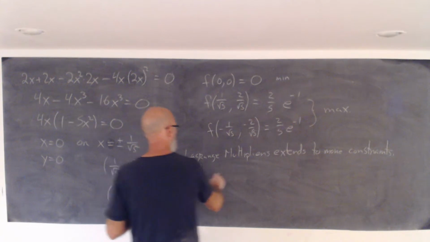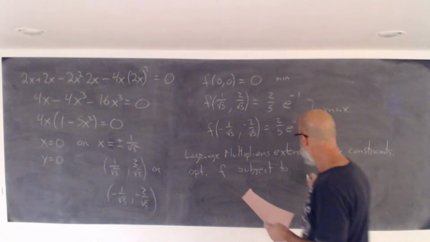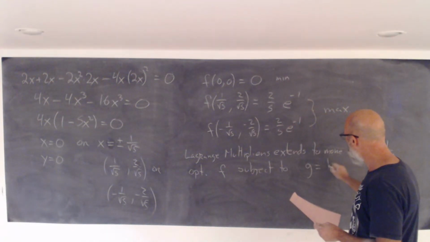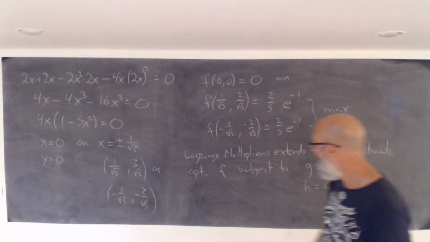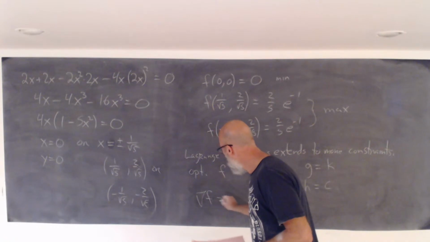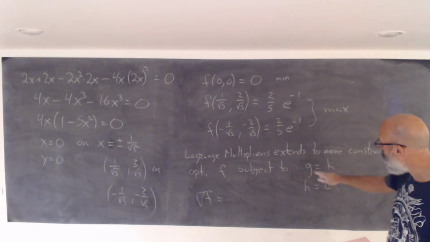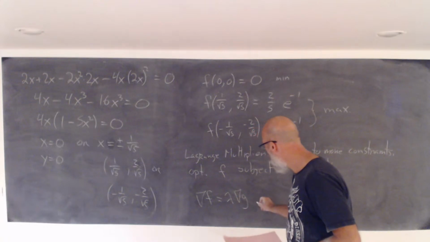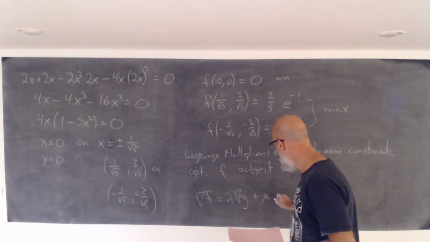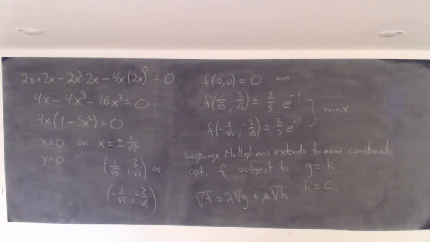Optimize f subject to g equals k, h equals c. Then the gradient of f must be a multiple of these two gradients: lambda gradient of g plus mu gradient of h. Let's take an example to illustrate.